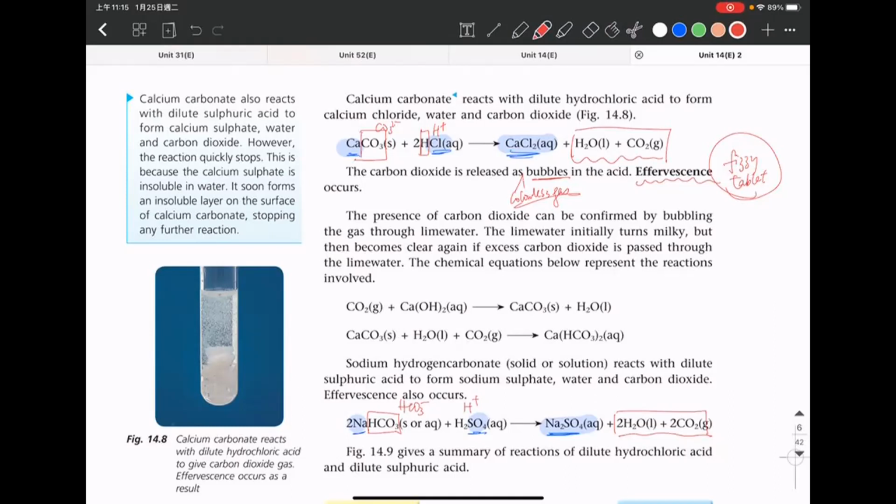Do you understand? Now, if you want to test for the presence of CO2, I use lime water. The lime water test is the key. You may find the lime water will initially turn milky for a little amount of carbon dioxide.